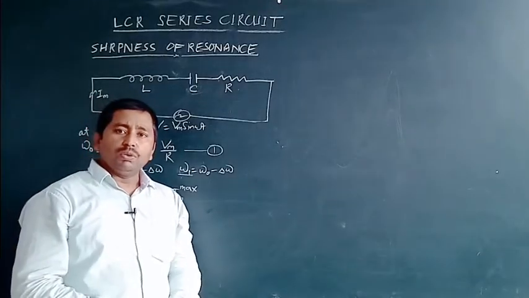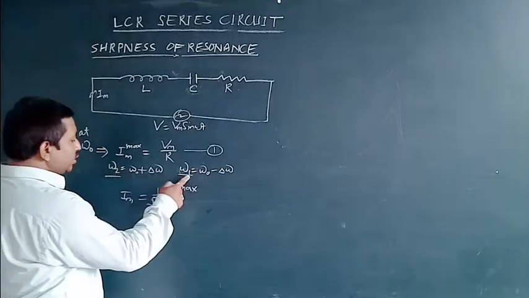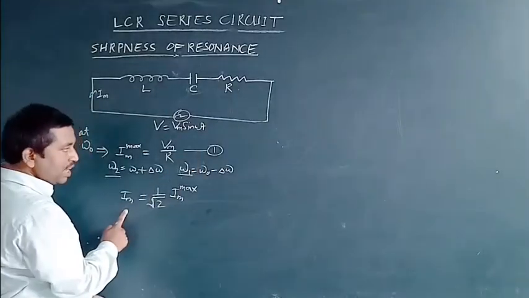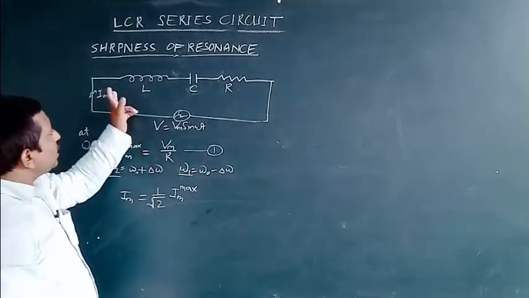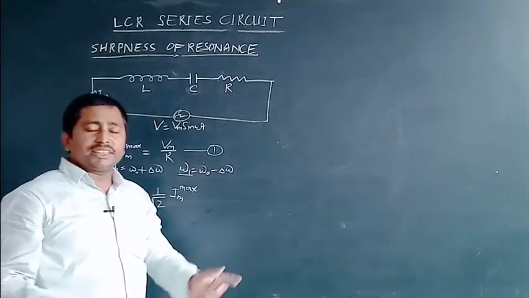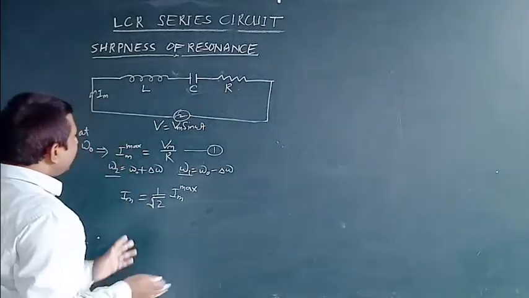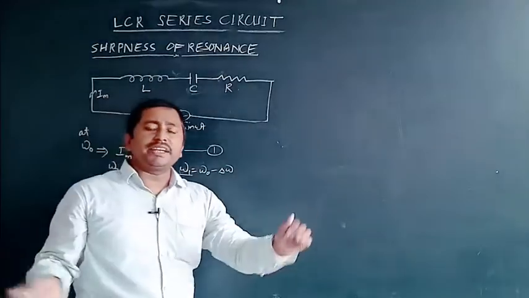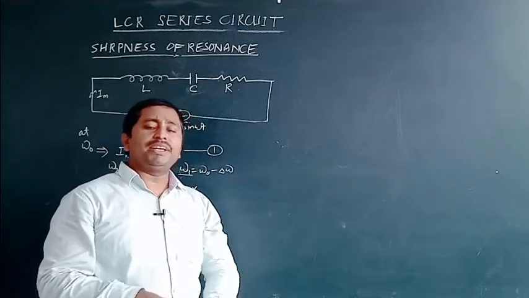As we apply the frequencies omega 1 and omega 2, the current flowing through the LCR series circuit becomes Im max by root 2, and the voltage also becomes Vm by root 2. So the power dissipated in the circuit becomes half of the initial power dissipated.